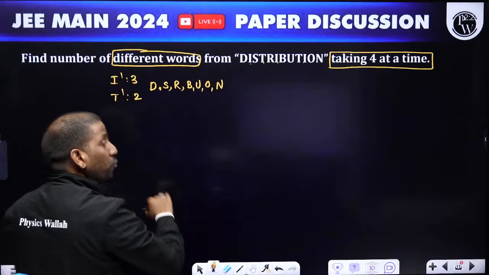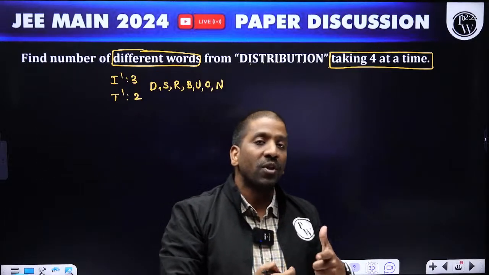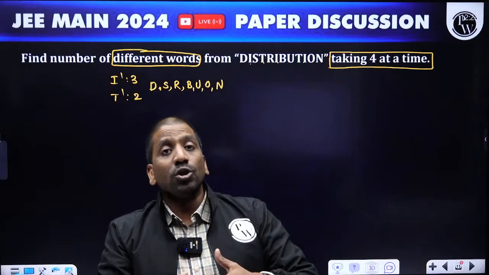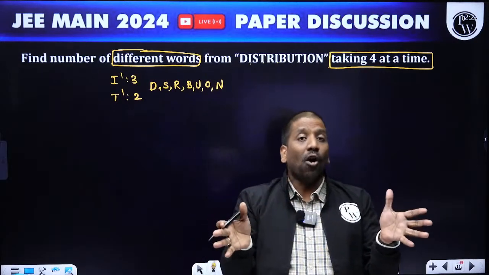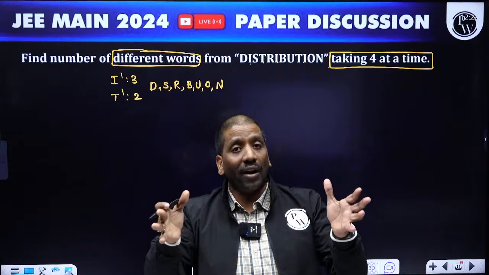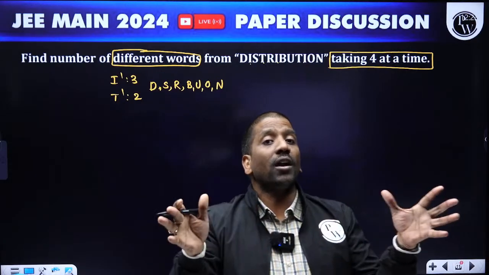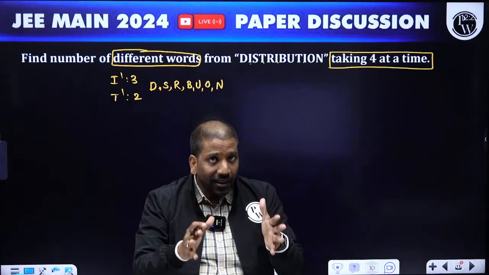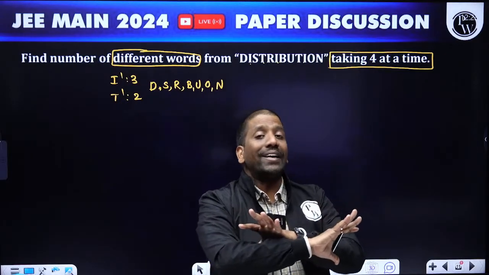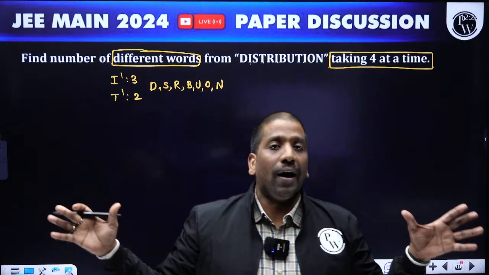For different words, we need to arrange them, and when arranging, the letters are not all different. It will vary with how many are alike and how many are unlike. So we will get different possibilities. That's the reason we don't have a direct single formula in this case.